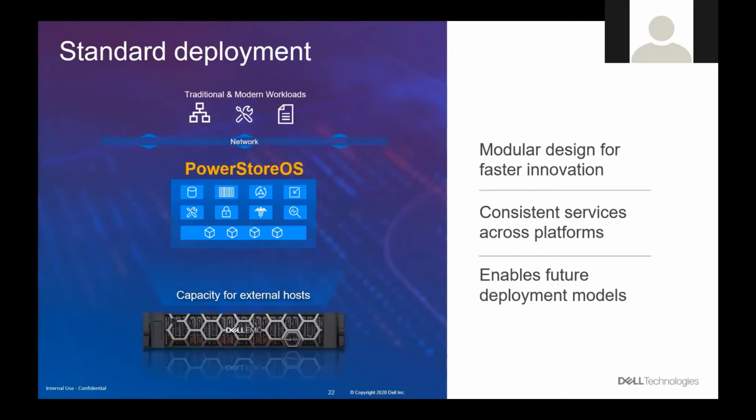So for the PowerStore OS, the standard deployment is you basically run PowerStore OS on the actual array, and you're providing unified capacity, whether it's file or block, to your external hosts, right?